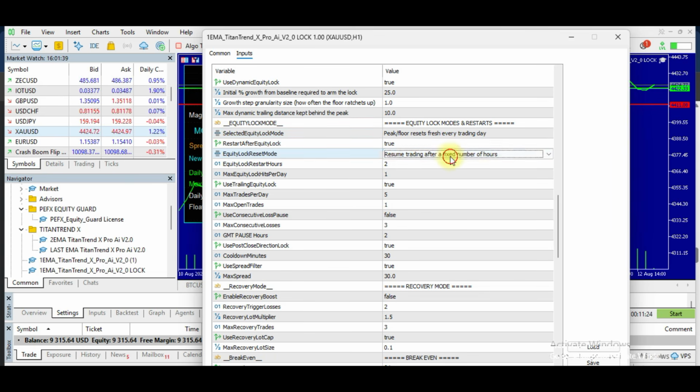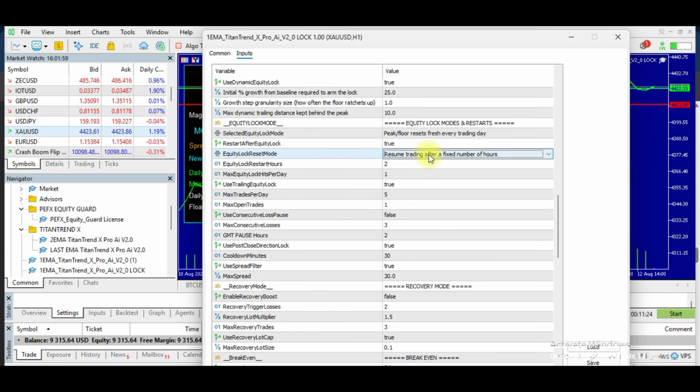Once this one is hit in a day, it will wait for the next day to restart trading and hit again. You understand? But when you come here, you say restart mode. This is the restart mode equity.